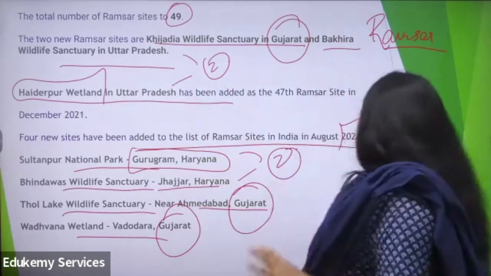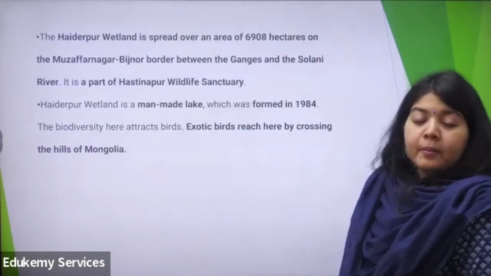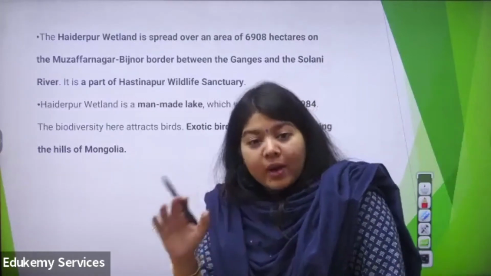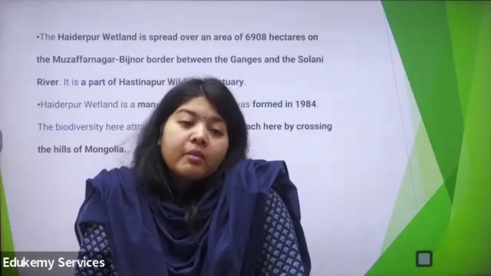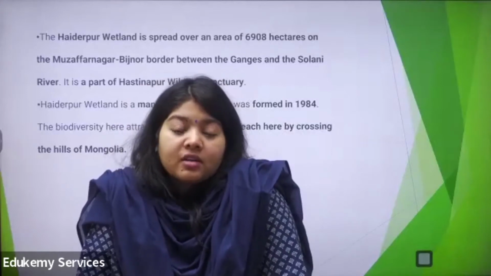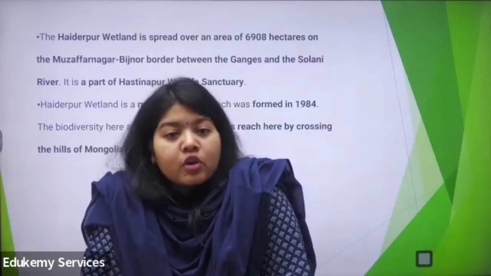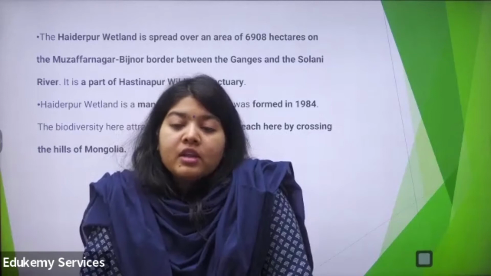I will give you a little detail on these recently added sites, but you have to mark state-wise. Since Abhinav has mentioned, you also mention state-wise how many Ramsar wetland sites are there in each state. Will you do that? I'll give you the details for the recently added, but you have to make the list of the total number of Ramsar sites across India.